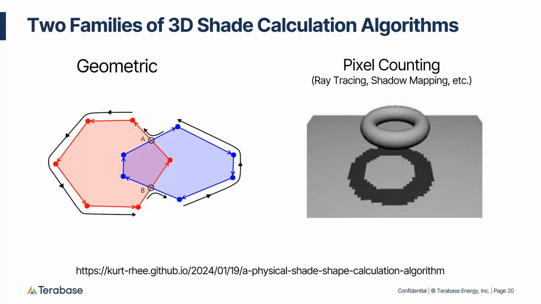Okay, so this part of the presentation is the theory and the computer science behind what PlantPredict is doing. Starting off, there are two distinct families of 3D shade calculation algorithms, and right now I'm talking about beam shading.